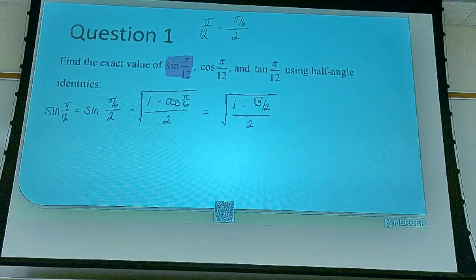Cosine pi over 6 is root 3 over 2. Simplify your compound fraction.